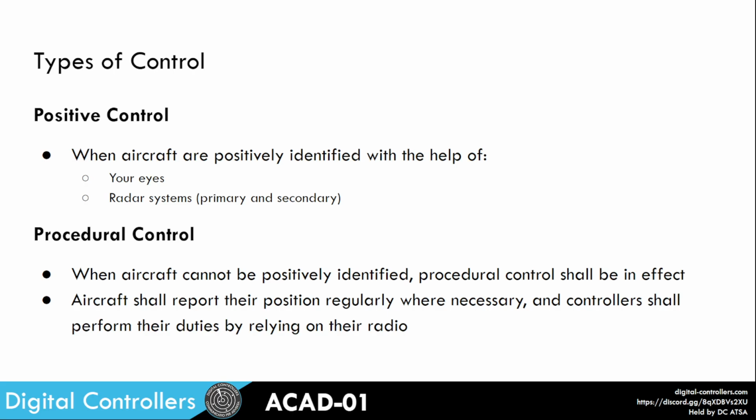So aircraft will report their position either at mandatory reporting points or where the controller has asked them to, and in that way controllers can keep track of aircraft and give them relevant instructions and information.